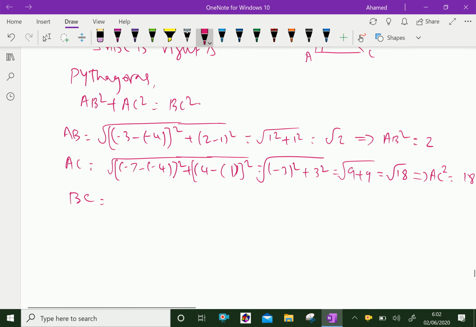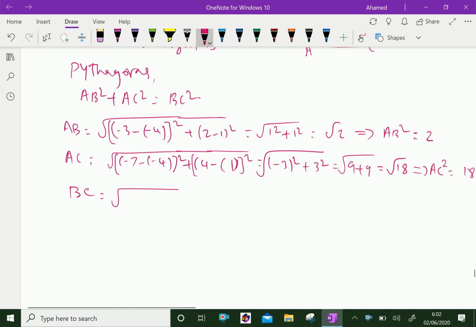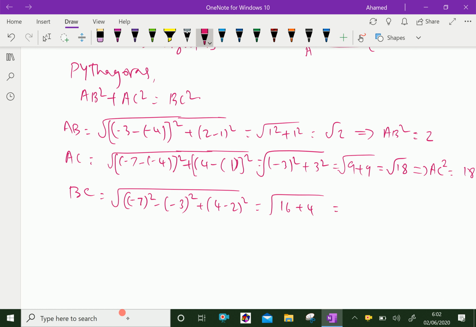Then BC is square root of minus 7 the square minus 3 the square plus 4 minus 2 the square, equal minus 4 square, that is 16, plus 2 square is 4, which is equal square root of 20, which gives BC square equal to 20.